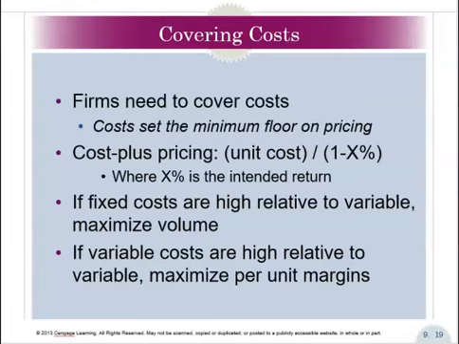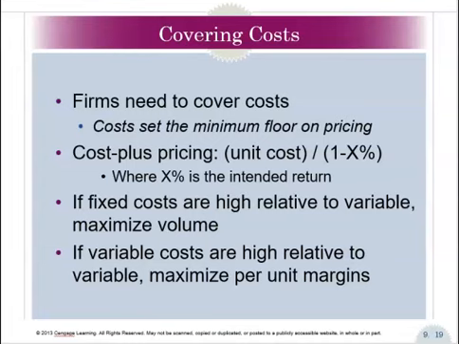As an example, a hotel, or for that matter, an airplane flight has very high fixed costs. The airplanes are expensive. The hotel building's expensive as well, and the variable costs are relatively low. So we want to maximize the volume.